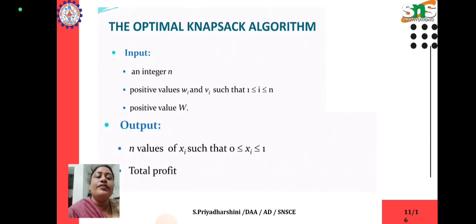So how do we find the optimal knapsack solution? The algorithm: the input is an integer n and positive values Wi and Vi such that 1 ≤ i ≤ n, and a positive value W, the knapsack capacity. The output would be n values of xi such that 0 ≤ xi ≤ 1, giving the maximized profit.